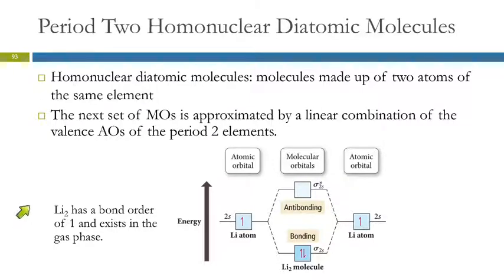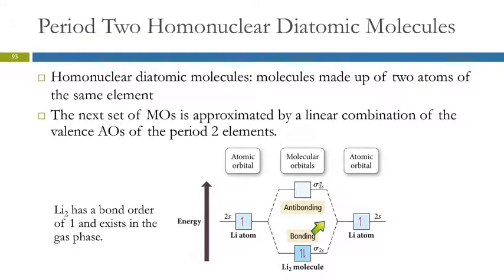So Li2. So each lithium atom, again, we're looking at valence electrons, okay? So the valence electron for lithium is in the 2s orbital. And here's the other lithium atom, 2s orbital.